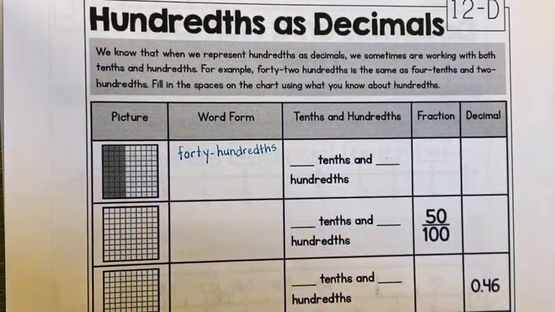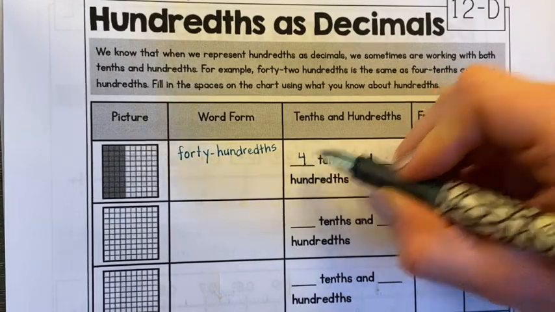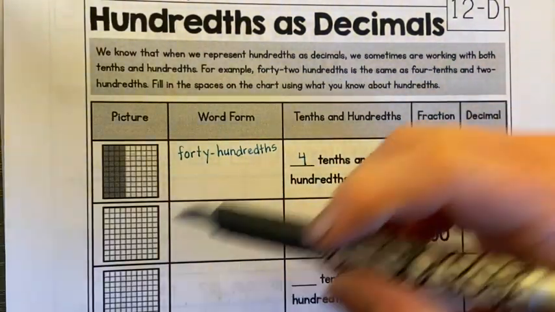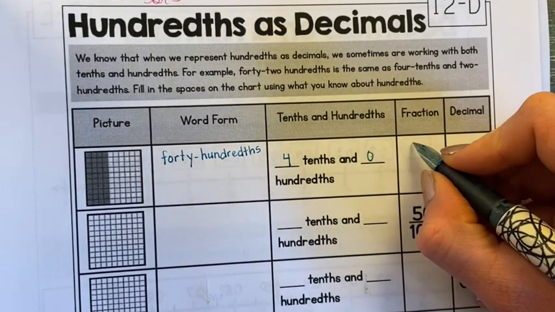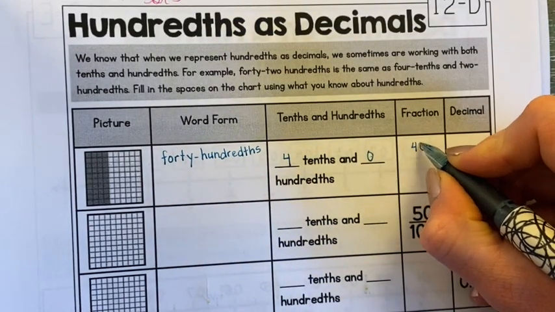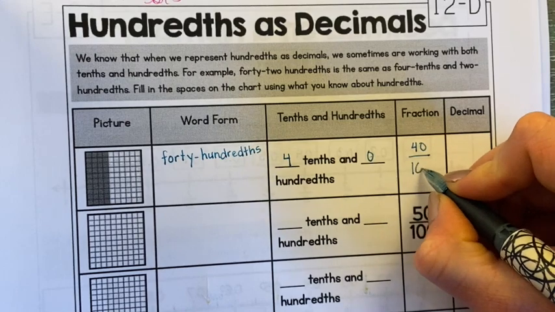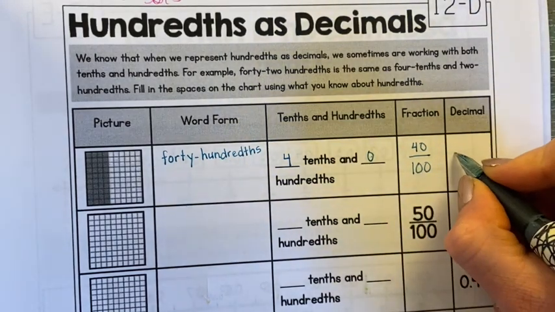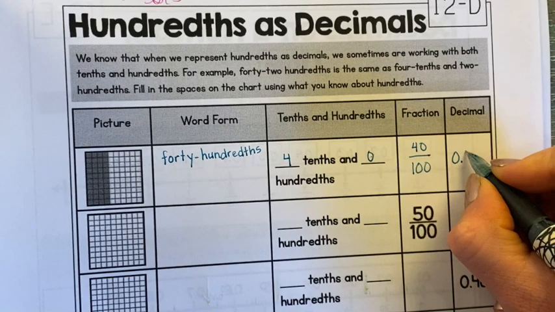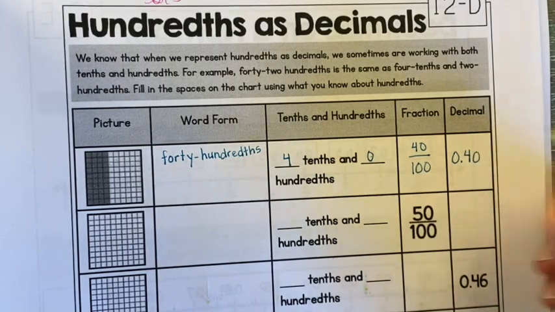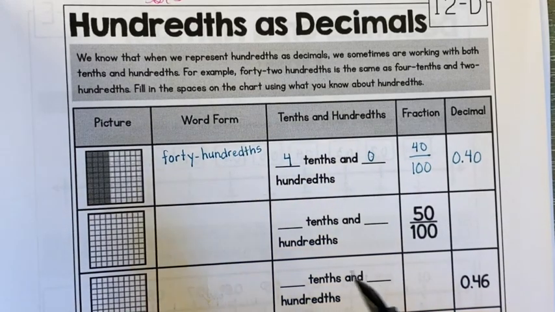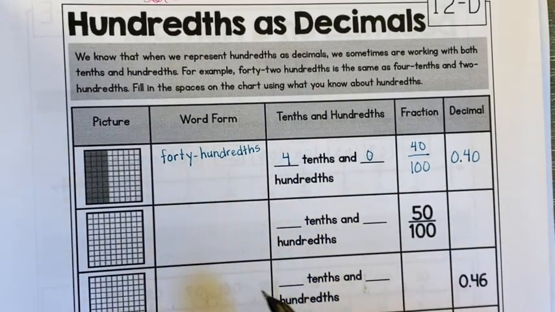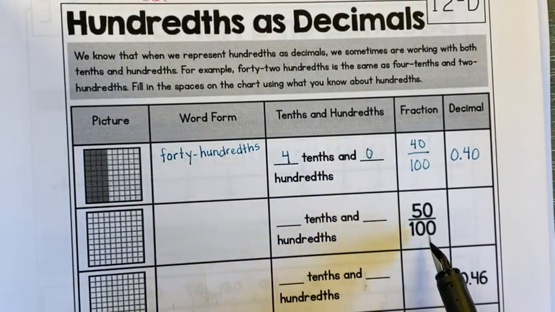Okay, and that is 4 tenths and 0 hundredths. Okay, and the fraction is 40 over 100. The decimal is 0.40. Okay, you don't need to have the second 0 here, but I know that it helps some people, so I'm putting it there.